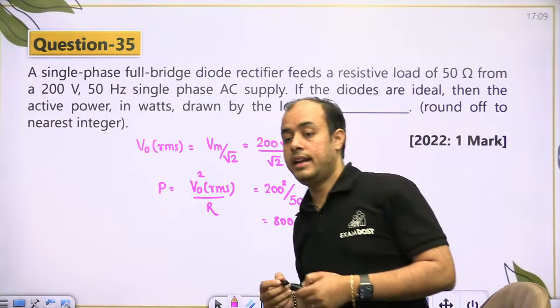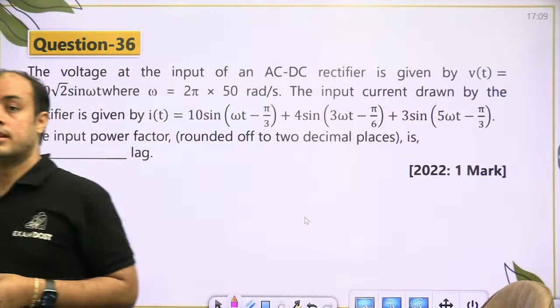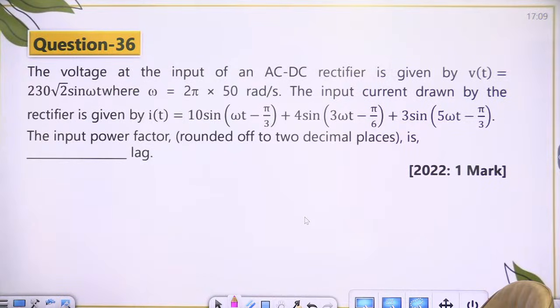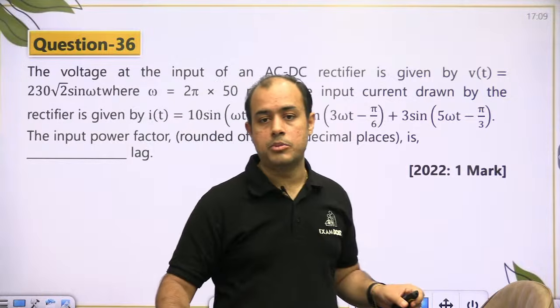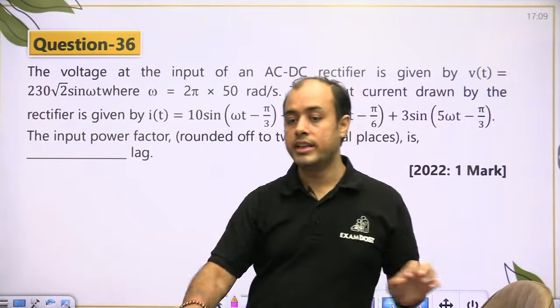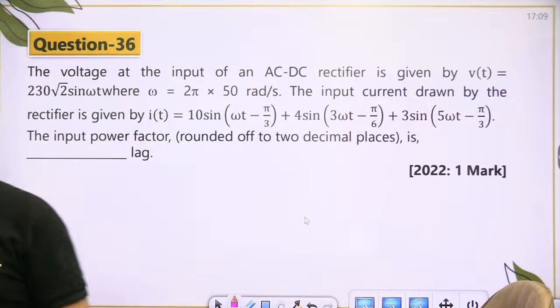Simple. 800 watt. Very good, Rahul bhai. Try this. This is finding the power factor in the case of harmonics. आपको हार्मोनिक्स के सिचुएशन में पावर फैक्टर बताना है. निकालिए.